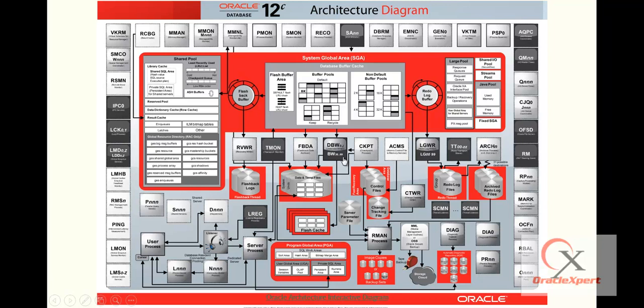Then you have DBWN, where N itself could range from 0 to 9 and from A to J. A database writer. The primary responsibility of the database writer process is to write database blocks to disk. It also handles checkpoints, file open synchronization, and logging of block written records.